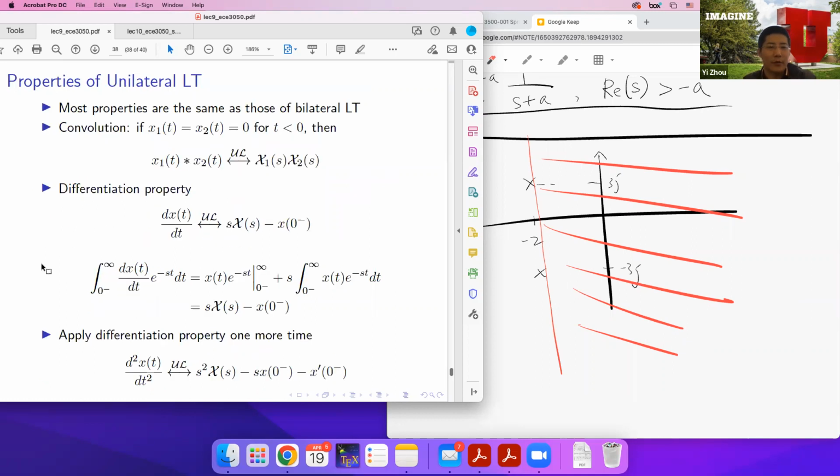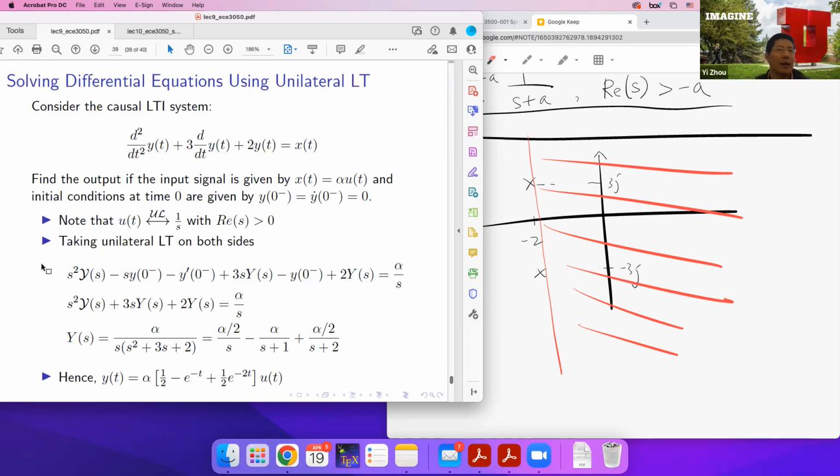Okay, so let's quickly look at one example of how to apply the unilateral Laplace transform to solve a differential equation with given initial conditions. So consider this LTI system.